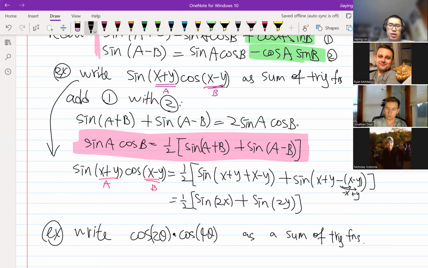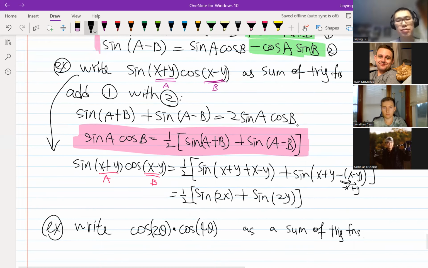Now, if you remember in the sum or difference of angles formulas, cosine A plus B and cosine A minus B both give us cosine times cosine to begin with. So let me write down those two.